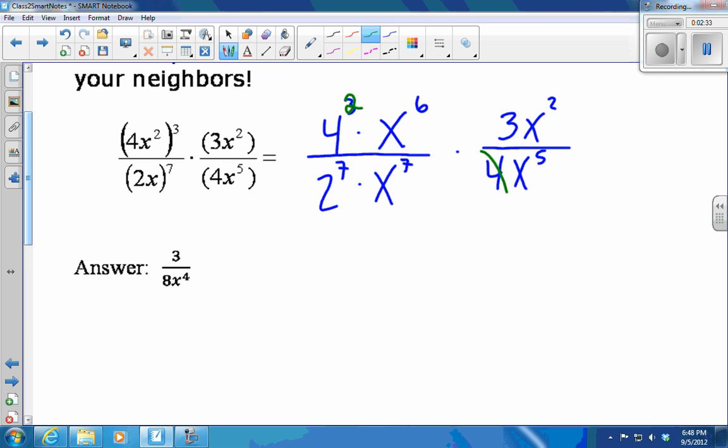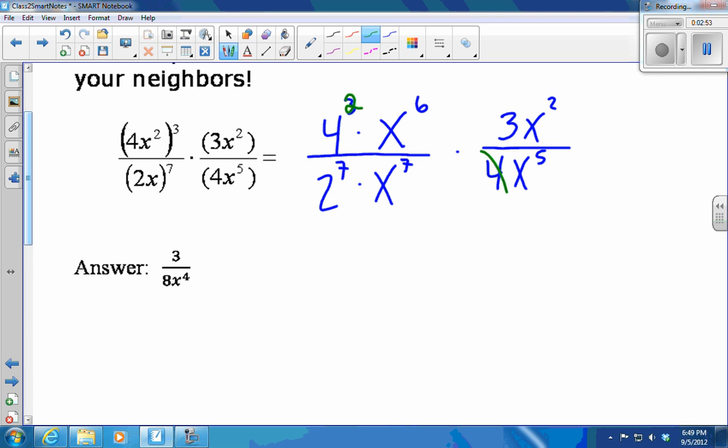Okay, now here I have 6 x's, 8 x's, right? Because this is x times x times x times x times x times x times x times x. So I have a total of 8 x's on top, and I have 12 on the bottom.